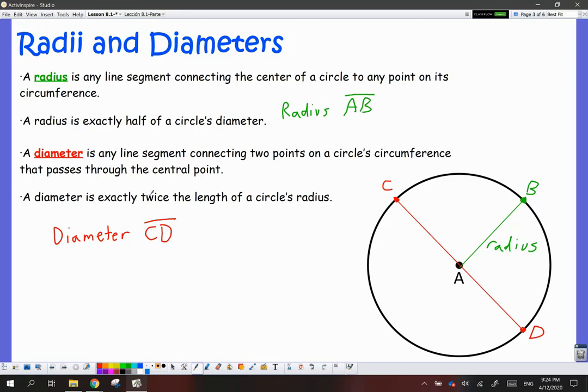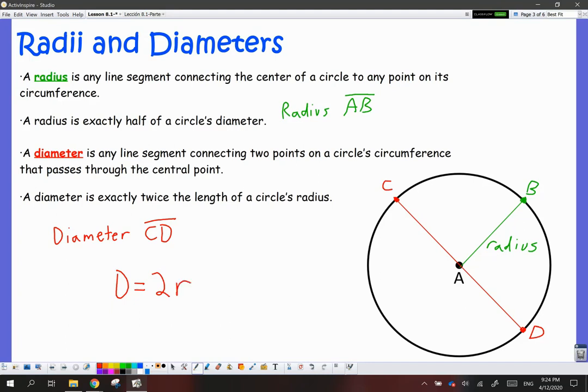A diameter is exactly twice the length of a circle's radius. So since the radius goes from the center to the circumference, and the diameter goes all the way across the circle, then the diameter, D, is 2 times whatever the radius is.